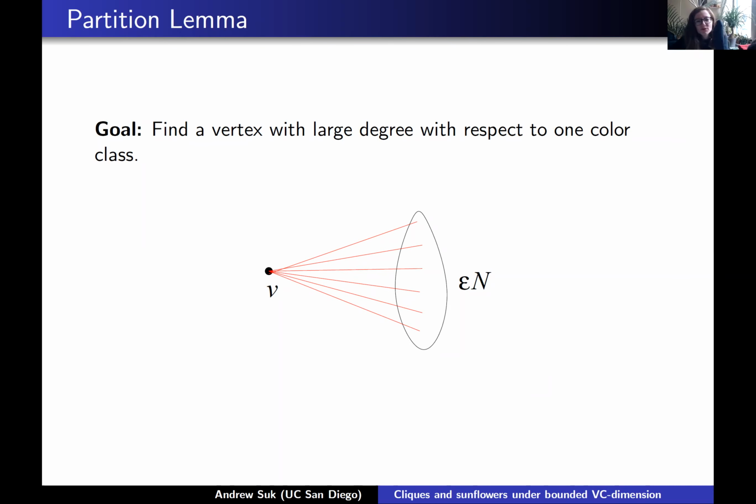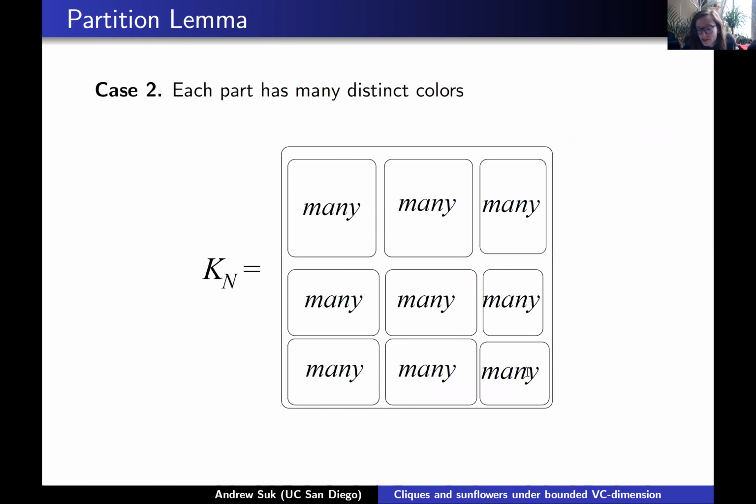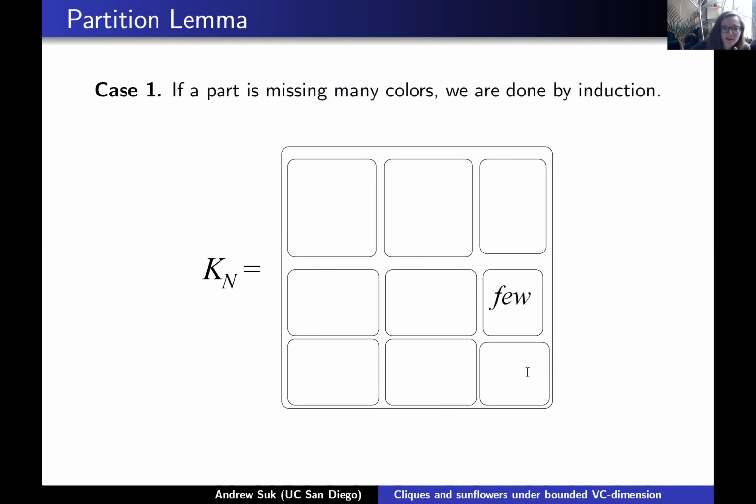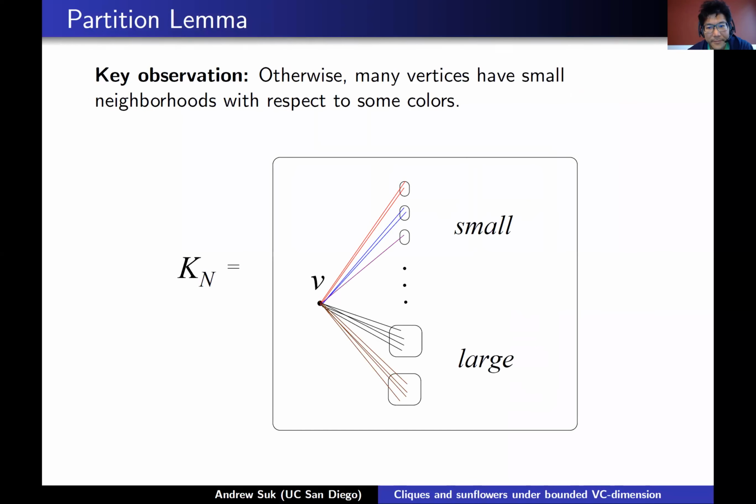I had a question, which is, what are you iterating on? I guess the equipartition lemma depended on what small or large means. Yeah, so you iterate. Let me see in more detail. Here's where I claim you just iterate. This partition lemma required this neighborhood set system, and then you do this partitioning.